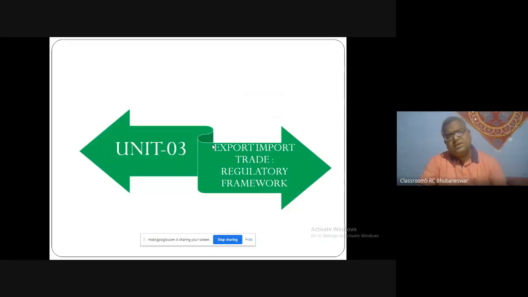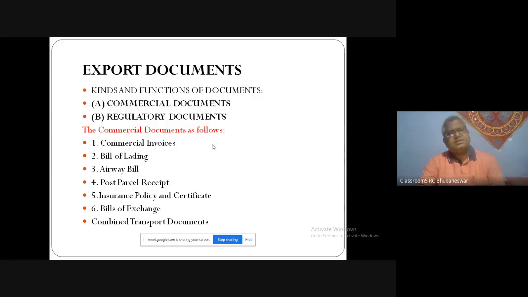If you see unit 3, export import trade and regulatory framework, in previous classes we have already covered what is international business, how the countries are conducting their business internationally and what the legal regulatory frameworks are. But here the question is export documentation, our class for today.